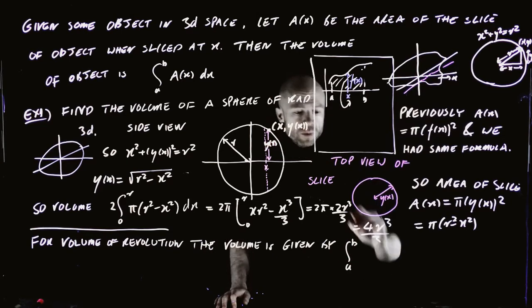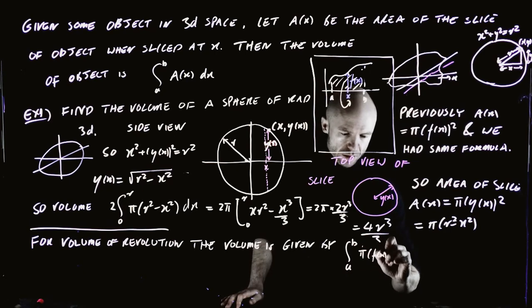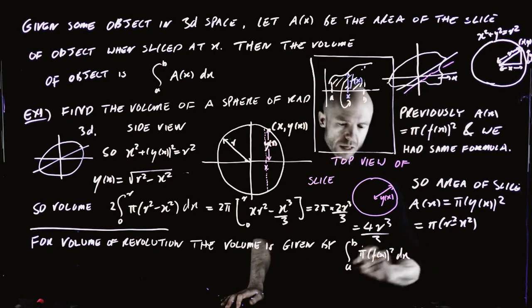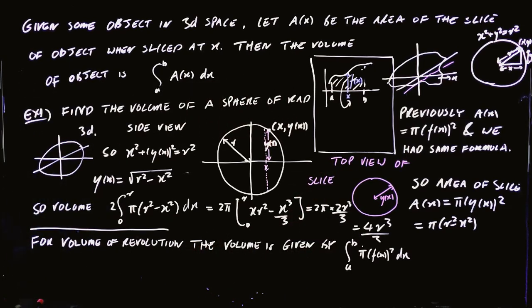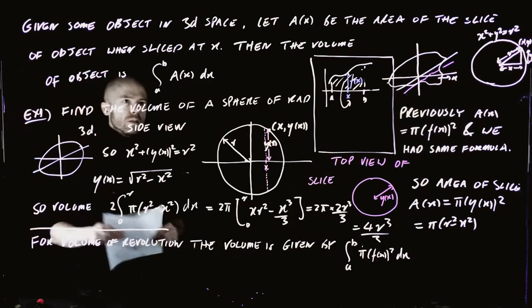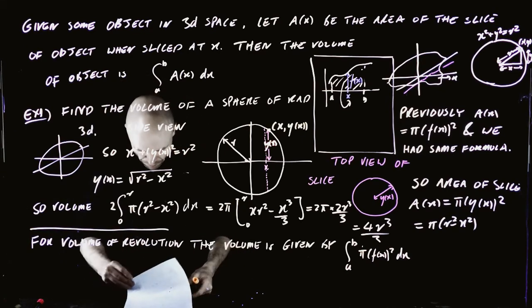So here from a to b, pi f of x squared dx. Yeah? So let's do a small example of this, if we can.